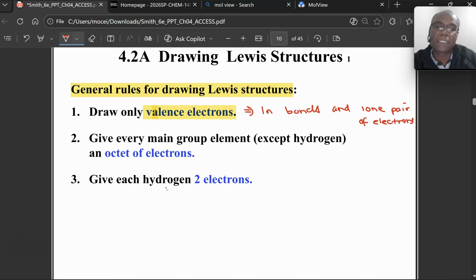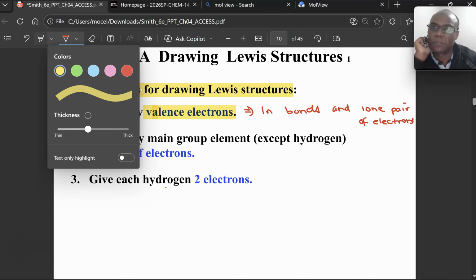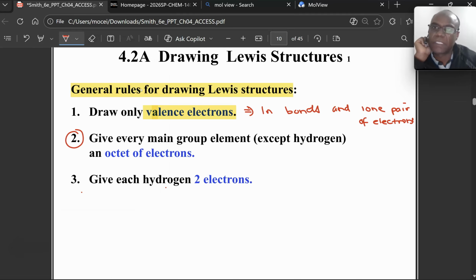So what this means is that we don't include the core electrons. The next rule is we need to give main group elements except hydrogen an octet of electrons. So hydrogen, for example, in water, can share 2 electrons with oxygen, and he's happy with 2 electrons on him.